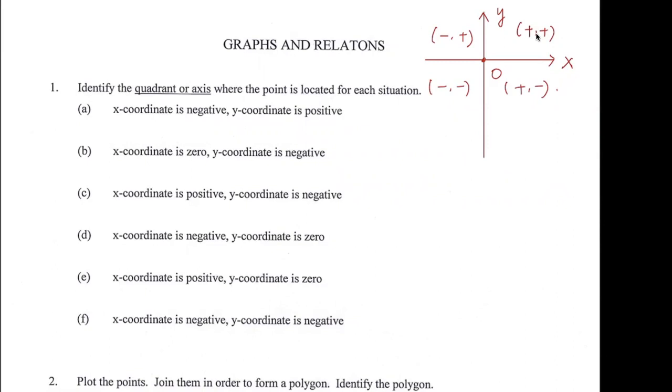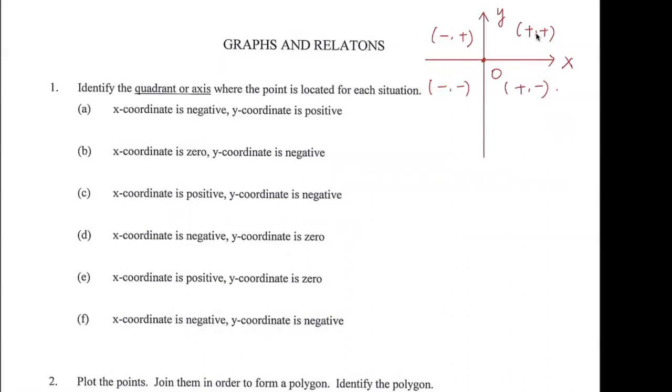Part A: the x coordinate is negative, the y coordinate is positive. The x coordinate is negative, so it's either the second quadrant or the third quadrant, right? Because only these two quadrants have a negative x coordinate.